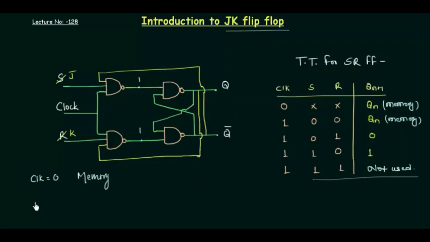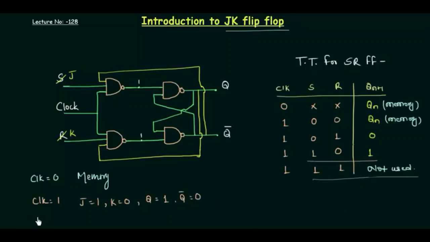Very simple. The next thing is when clock is high and your J is 1 and K is 0. So there will be no change if you compare the truth table for SR flip-flop and JK flip-flop. The outputs are going to be the same. So our Q is 1 and Q complement is 0. From here you can see.